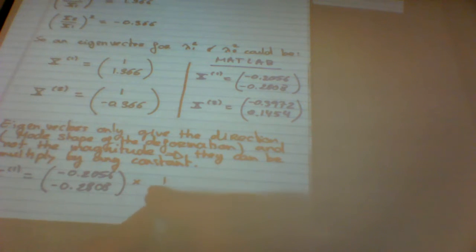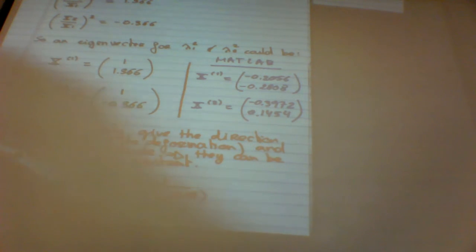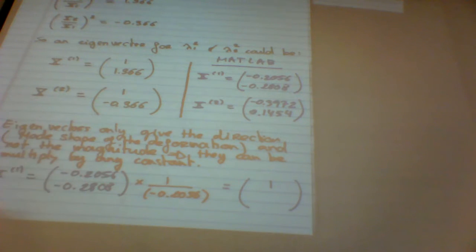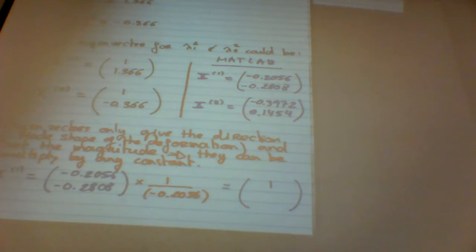Yeah, so 1 over negative 0.2056. What do we get? Yeah, I can do it by 1 to the top, definitely. 1, and hopefully at the bottom we get exactly the other one.